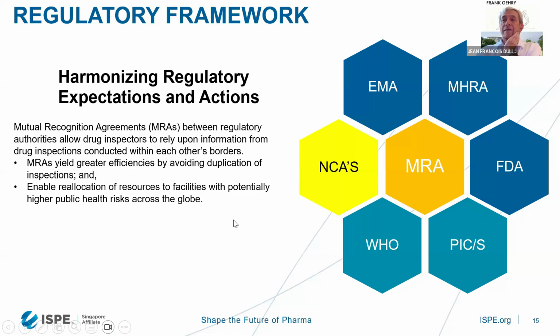That means as well that one point which is really on the table in the PICS at the moment is artificial intelligence, how industry can use artificial intelligence, how regulators are using artificial intelligence, and how to be sure that everything is under control.